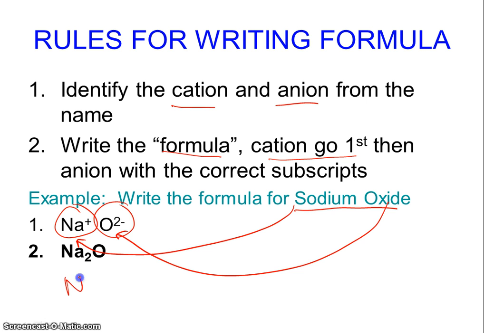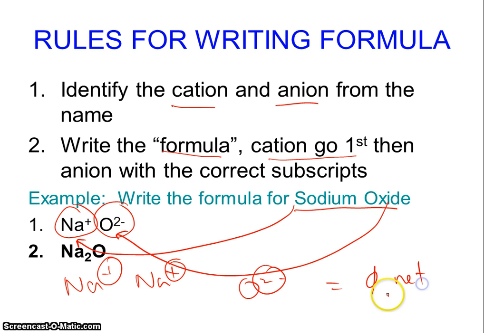We need 2 Na plus and 1 O2 minus to make this ionic compound zero net charge. 2 plus 2 minus equals 0 net charge. So Na2O is the correct ionic compound formula given its name, sodium oxide.